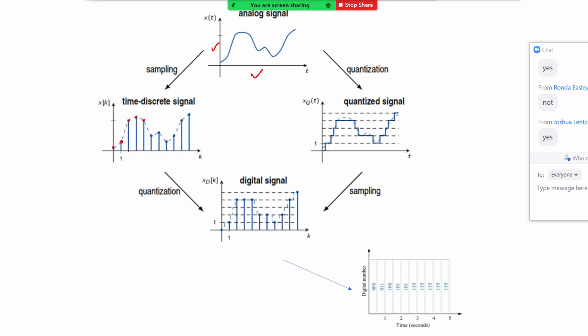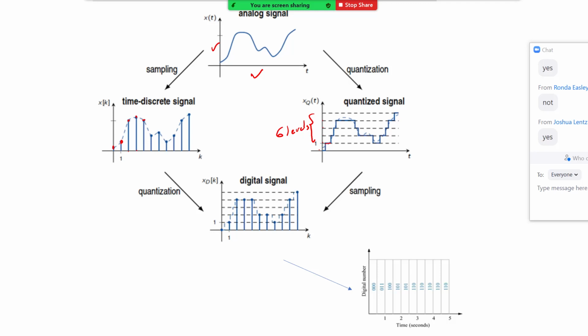Take these samples and just say I'm going to have a finite set of values that the signal can take. And in this case we have 1, 2, 3, 4, 5, 6, for instance 6 levels that the signal can take.